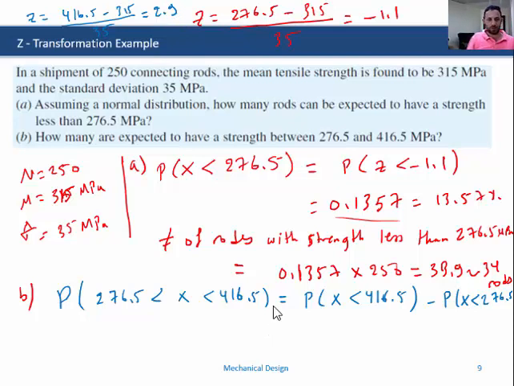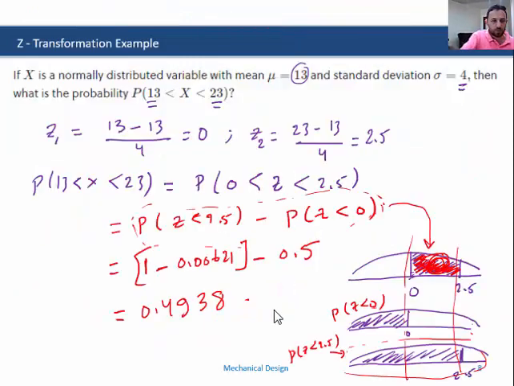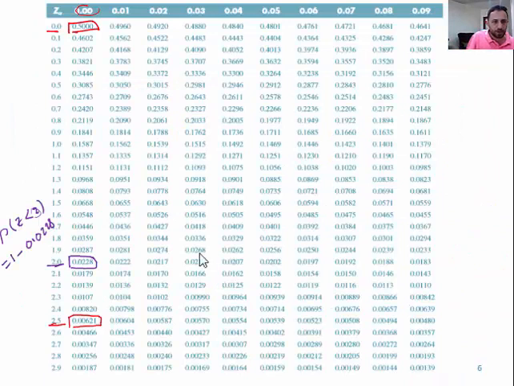So this is the probability of Z less than 2.9 minus the probability of Z less than minus 1.1. Okay, again this is Z is positive. Remember, we should say 1 minus alpha. Okay, 1 minus the probability of 2.9 is 0.0087.